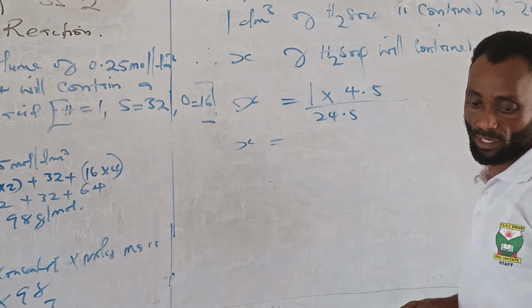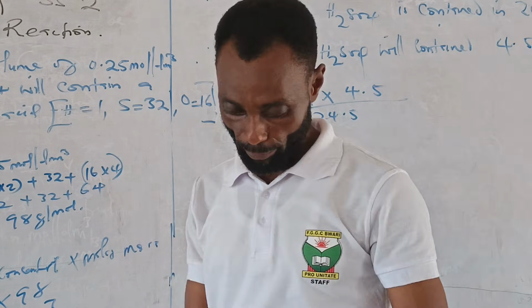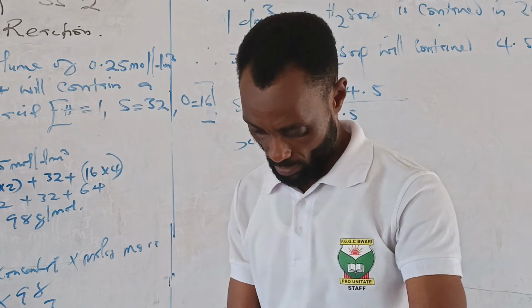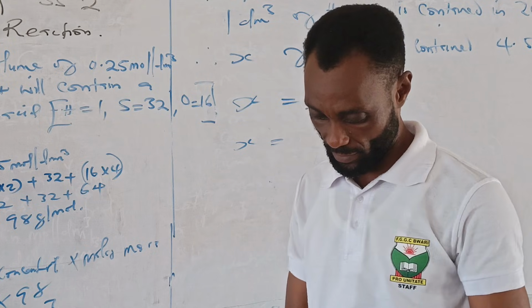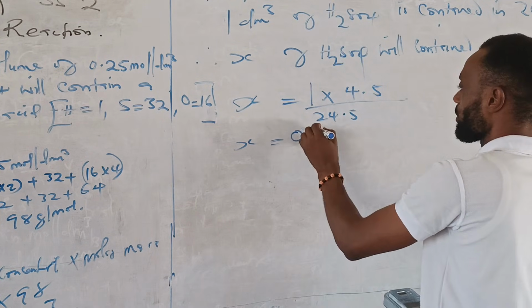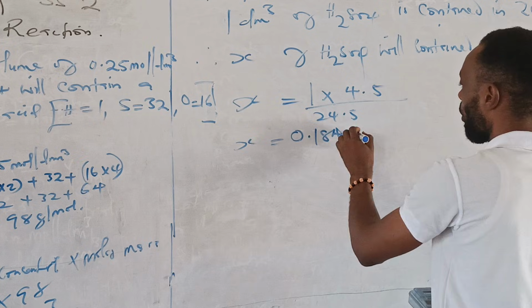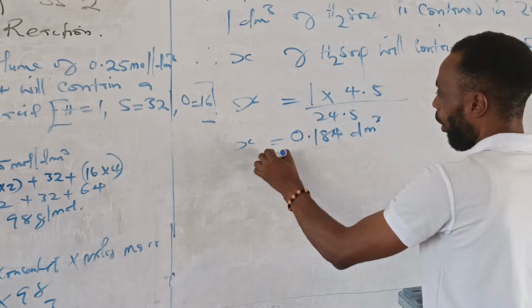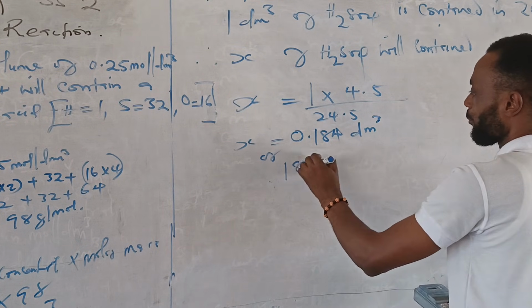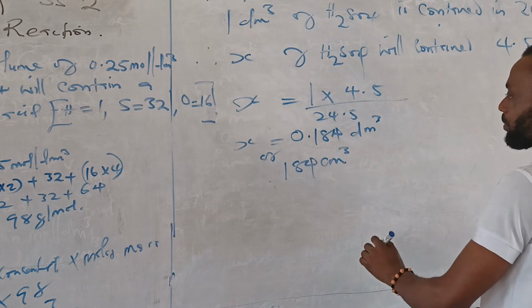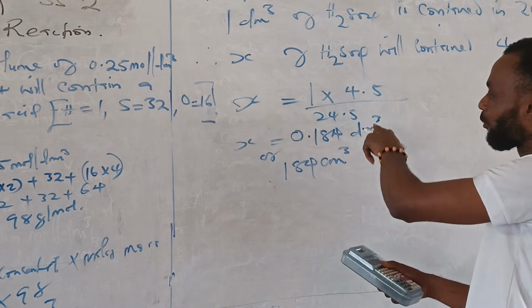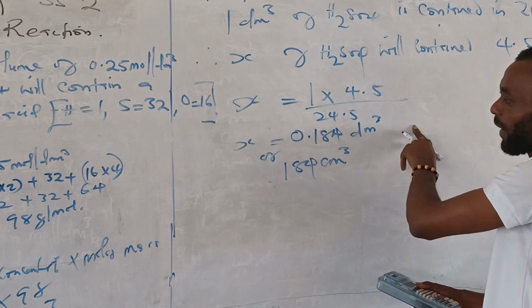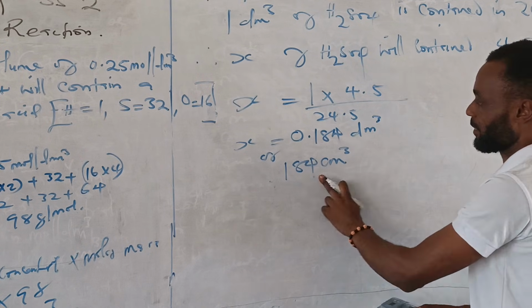Using your calculator, our x will be 0.184 dm cube, or 184 cm cube. When you are converting from dm cube to cm cube, you multiply the value by 1000.